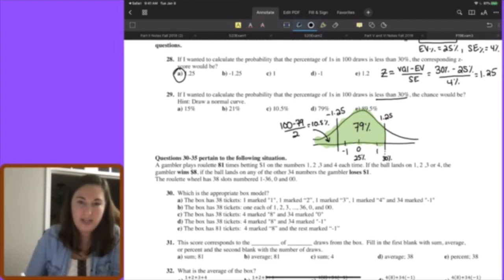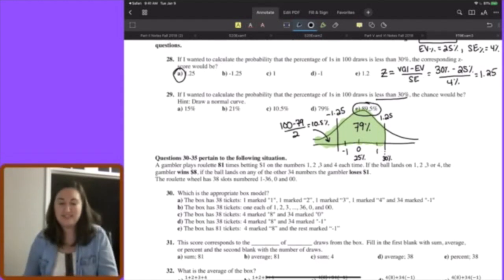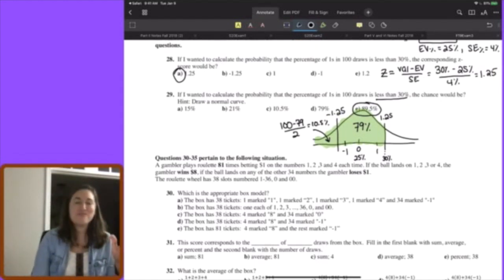And so my answer should be 89.5%. Should be this. So hopefully normal curve you guys feel okay with.